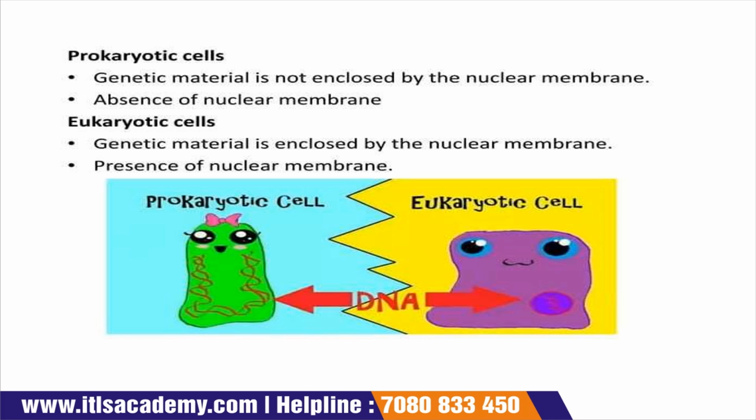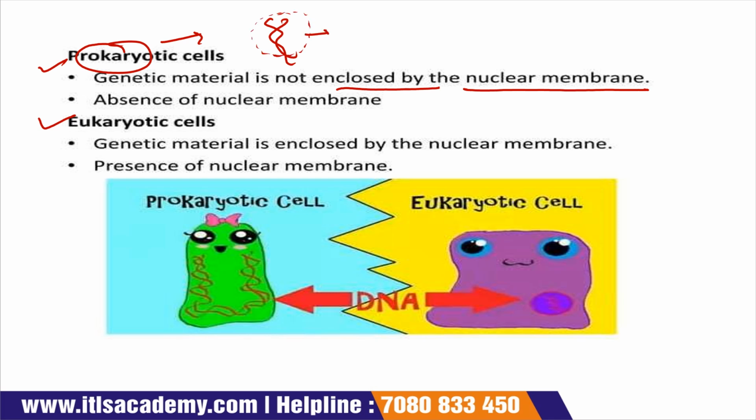Prokaryotic cells are those whose genetic material is not enclosed by a nuclear membrane. So this is the major difference between the prokaryotic and eukaryotic cell. In prokaryotes, the genetic material like DNA is not enclosed with any nuclear membrane.